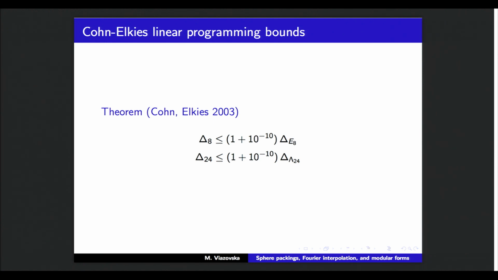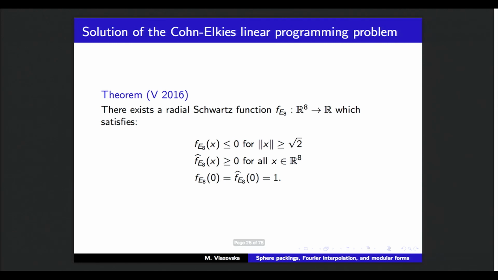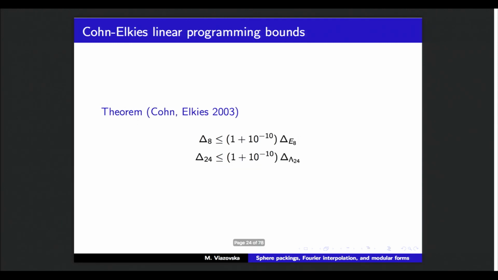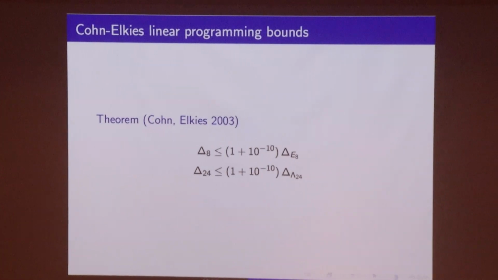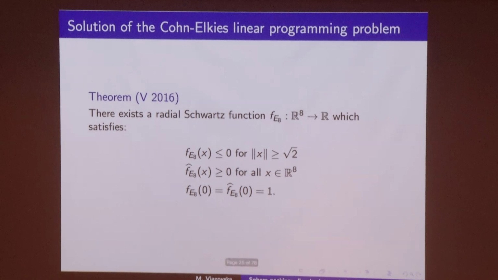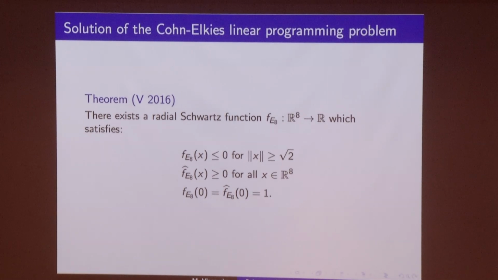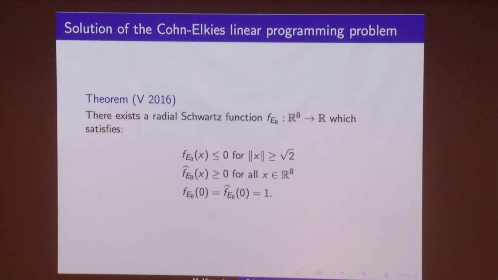And so what I will speak about today is to show that these somehow numerical zeros are actually mathematical zeros. We will show that there exists a radial Schwartz function which satisfies these three conditions, so it satisfies somehow the optimal possible conditions.